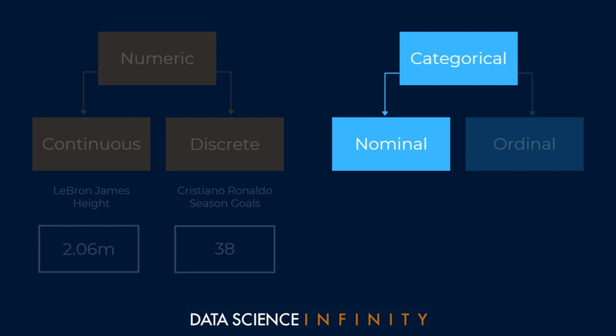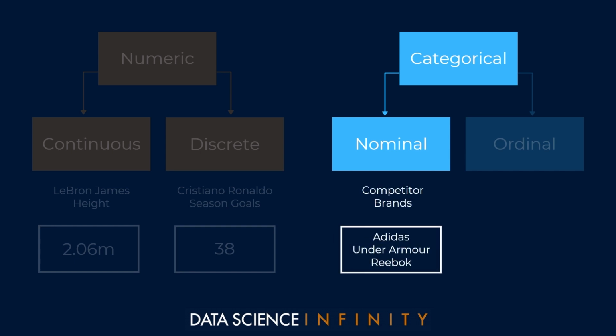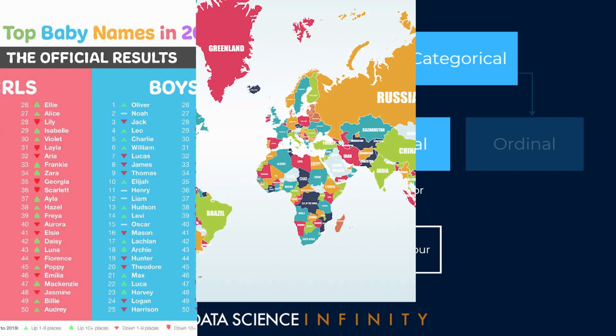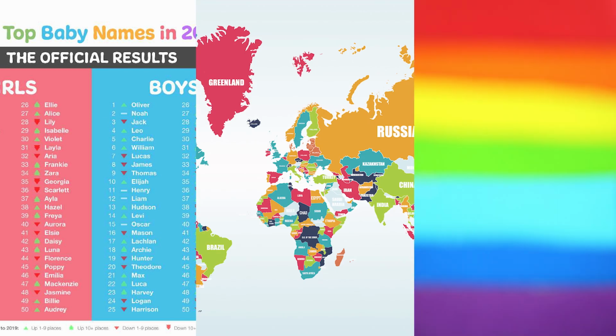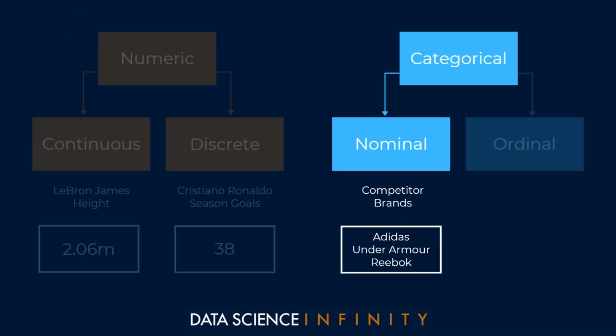And while continuing to put ourselves in the shoes of sportswear company Nike, an example of this might be a list of our competitors in the sportswear industry. Here we have Adidas, Under Armour, and Reebok. It's just a list of names or categories without any one of those being greater or smaller or better or worse than the others. Other examples could be people's first names, countries, or the names of colors. So the key thing to remember is that nominal data doesn't have an order to it.